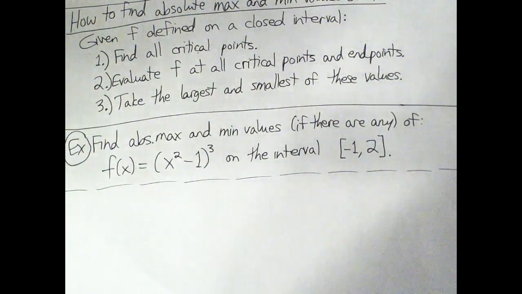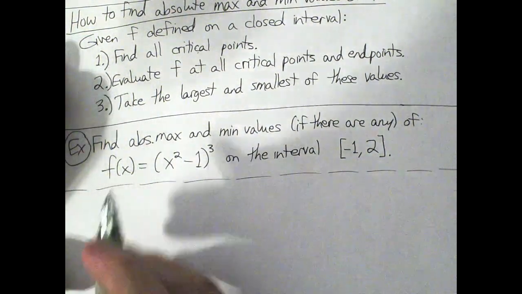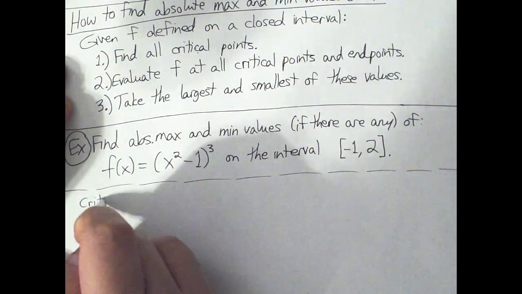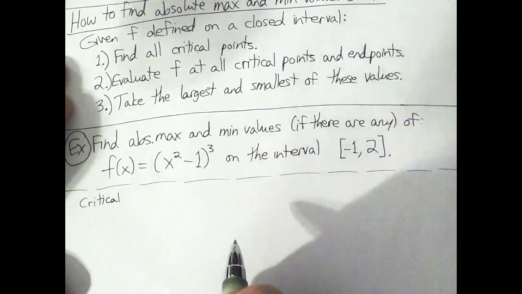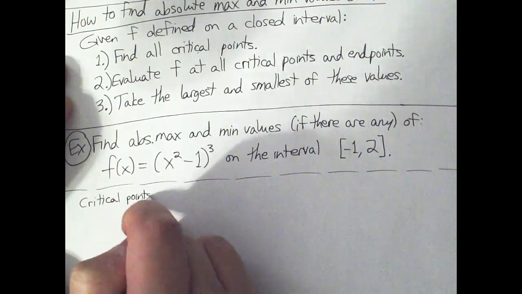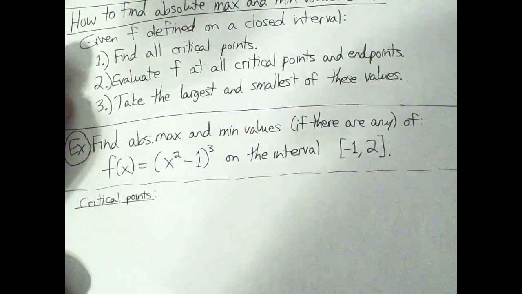So that's built into step 1. So, step 1, I'm going to write critical points or critical numbers, either way. All right, we're going to work on finding critical points.